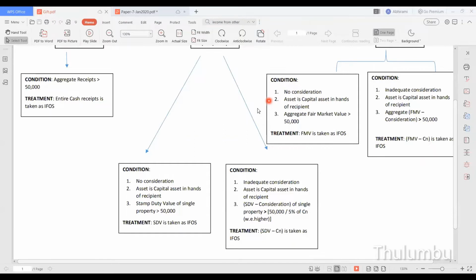In case of movable properties, we need to check with fair market value. In case of immovable property, we will be checking with stamp duty value. So first, we will see immovable property as gift.